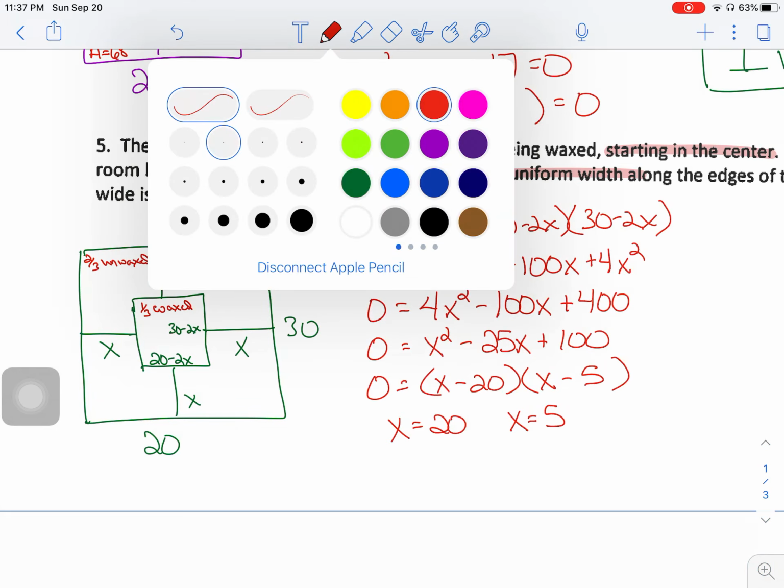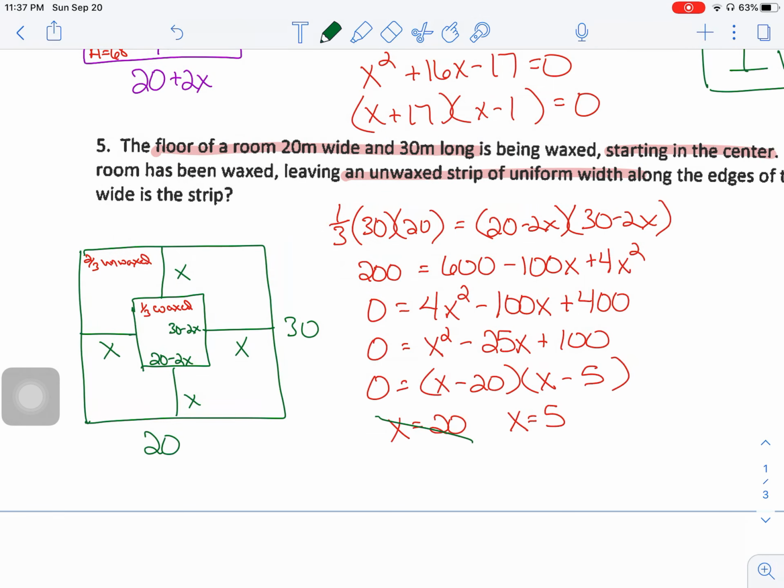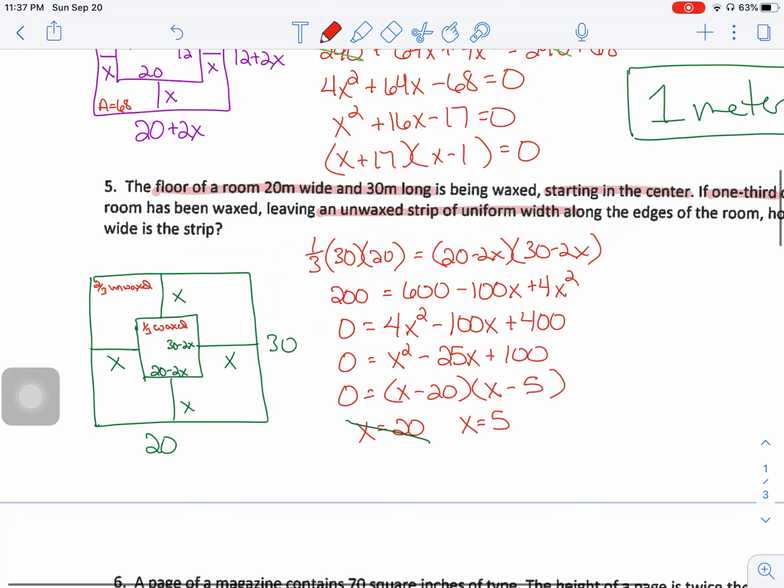So that 20 we can cancel out. However, we can say that the width of the strip that is unwaxed is 5 meters.